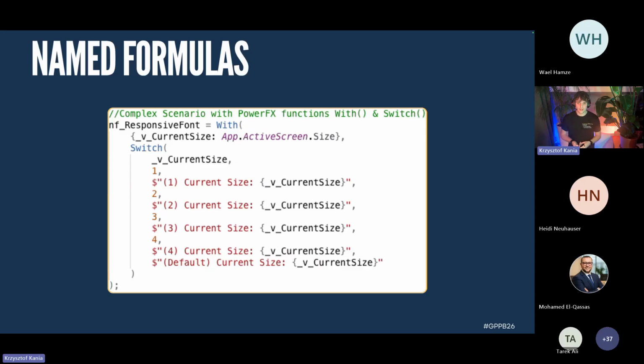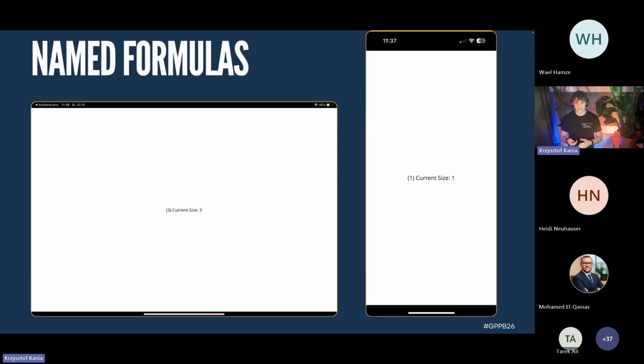And I've created a little bit more complex scenario of a named formula with Power Fx code, analyzing within a temporary variable the current size of the application and displaying it as text. So look here, I've run this on my phone, I've run this on my tablet, and I've got two different values.